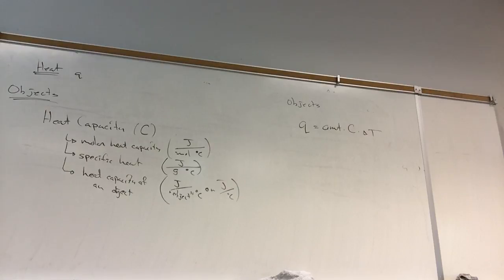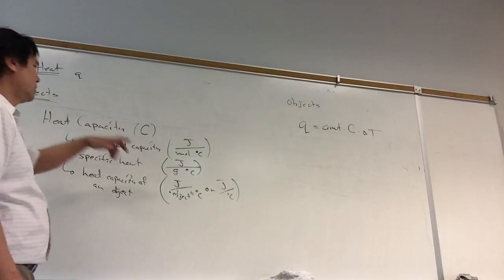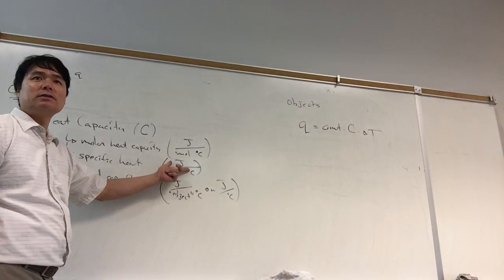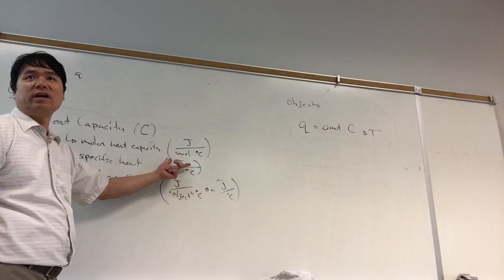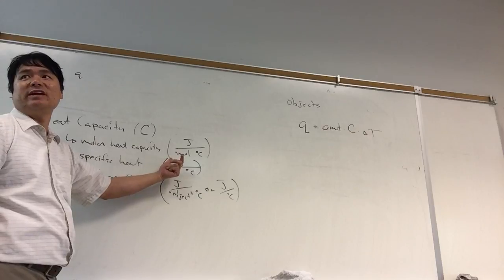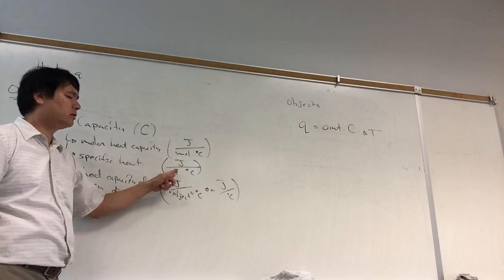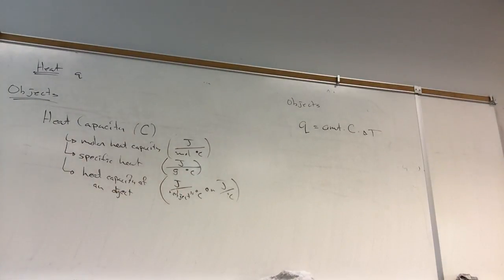When you do that, it turns out, if you raise a gram of water by a degree C, you know how many joules it takes? 4.18 joules. 4.18 joules is 1 calorie. And so 1 calorie of energy is required to heat up a gram of water by a degree C.